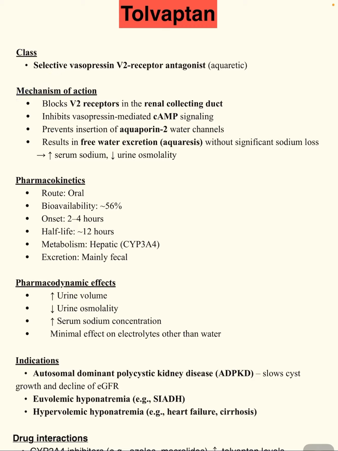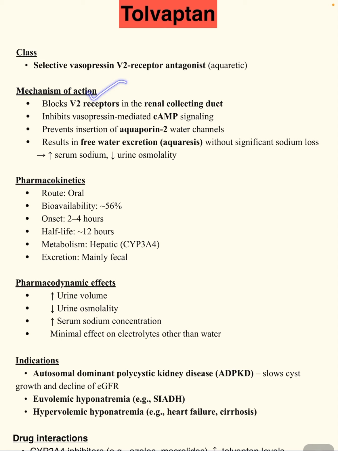Mechanism of action. To understand the mechanism of action, first remember the action of ADH or vasopressin. Normally, ADH acts on the V2 receptor in the collecting duct of the kidney. This leads to insertion of aquaporin 2 water channel, which causes water reabsorption.